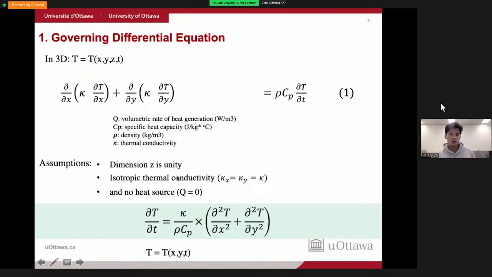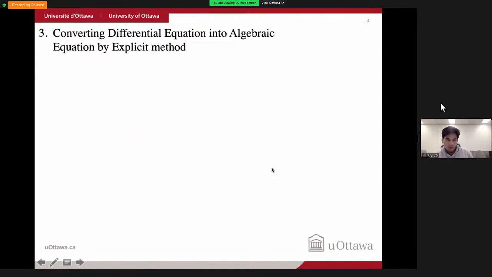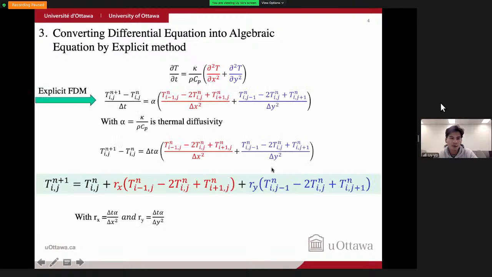So finally, we will end up with the equation of heat transfer like this. And this is the equation that I usually use in the THM coupling problems. So to solve this kind of equation numerically, we have various methods.